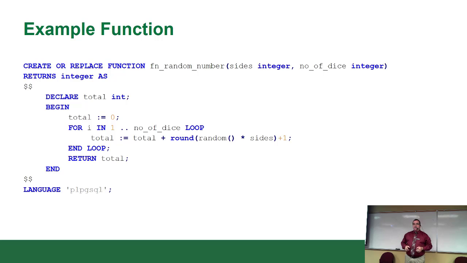Pretty similar. What throws a lot of people for a loop though is the double dollar signs. Those double dollar signs are a special indicator. It says between the double dollar signs, start ignoring semicolons. It's an escape code.